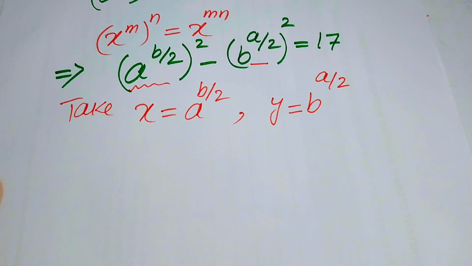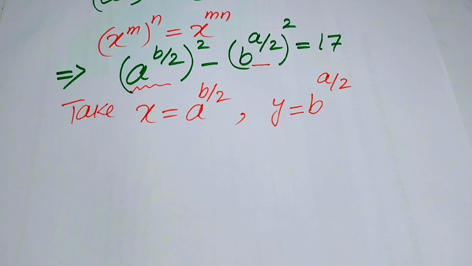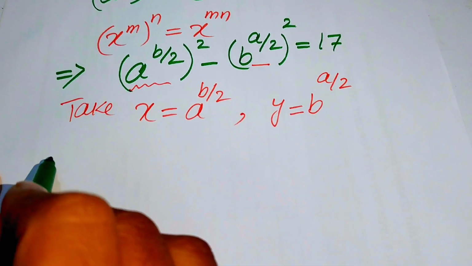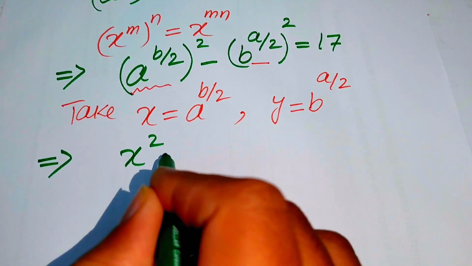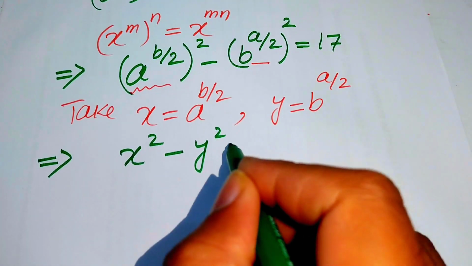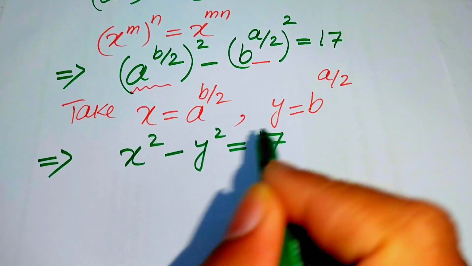So we substitute these two values of x and y in the above equation, and our equation will be written as x square minus y square equals 17.